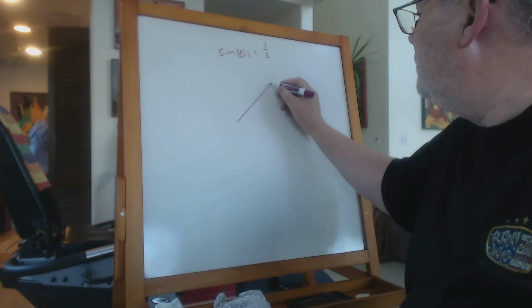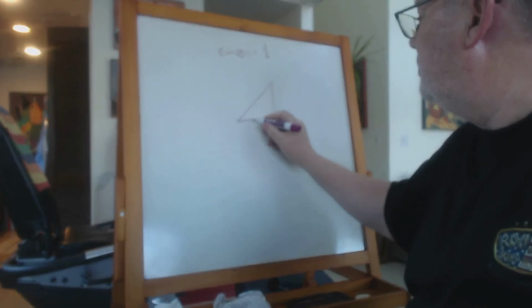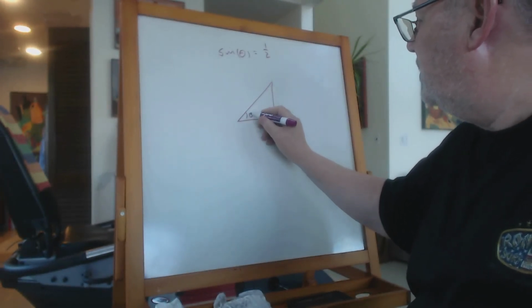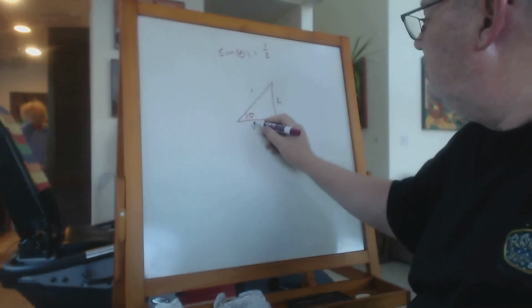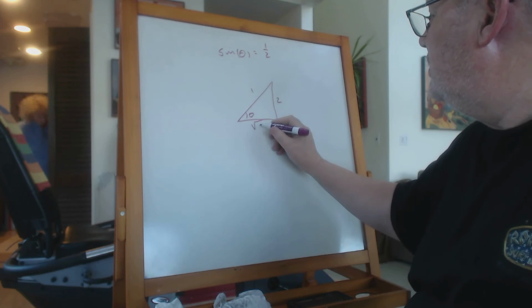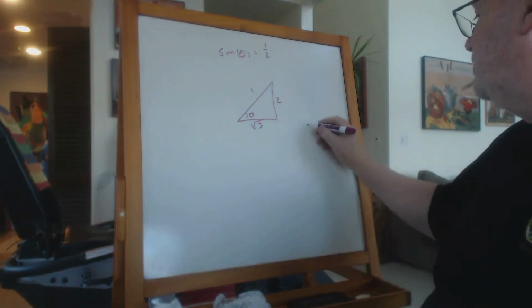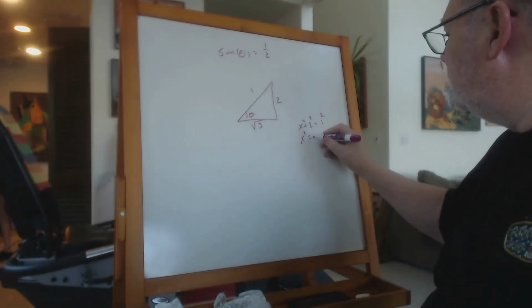So if we draw a right triangle, and we got 2, 1, this is square root of 3, because we have x squared plus y squared equals r squared.